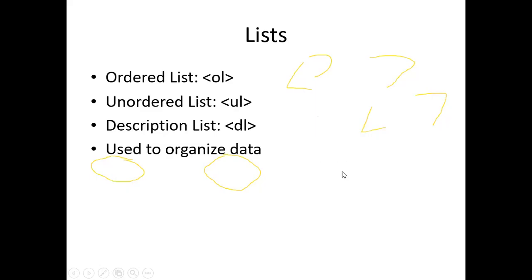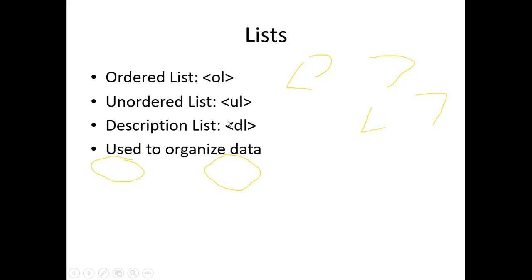Those types of lists you can create using these list tags: ol is for ordered list, ul is for unordered list, and dl means description list. If you want to give some description about an item, you can go with the description list.